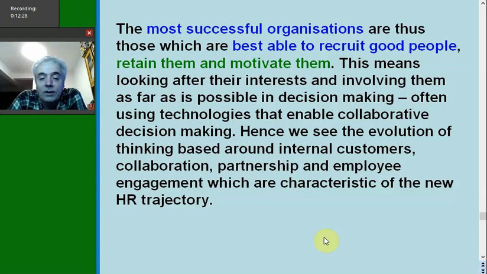Not leave the company. Often using technology that enables collaborative decision making. Hence, we see this evolution of thinking based around internal customers, collaboration, partnerships, and employee engagement, which are characteristics of this new human resources trajectory.